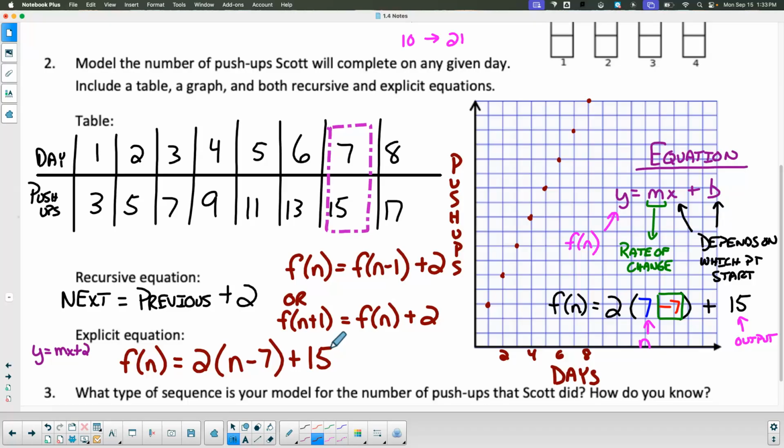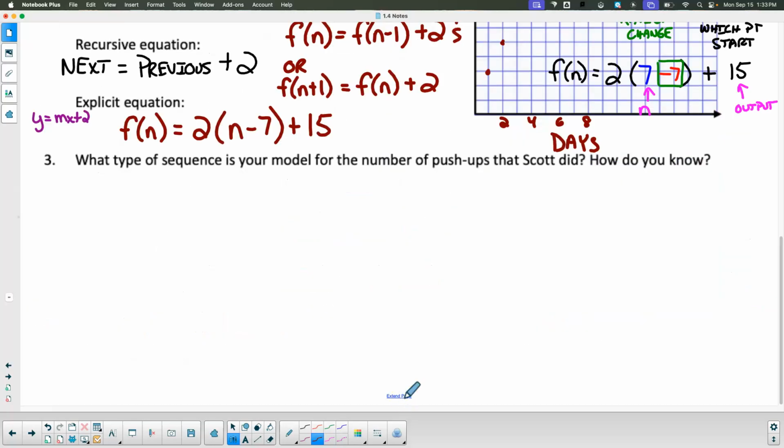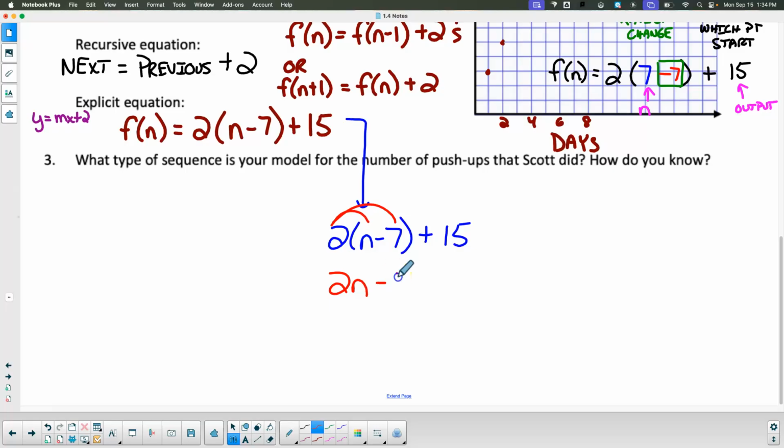If I want to simplify this equation, 2 times n minus 7 plus 15, I can distribute the 2 into both. 2 times n is 2n. 2 times negative 7 is negative 14, so that's minus 14.